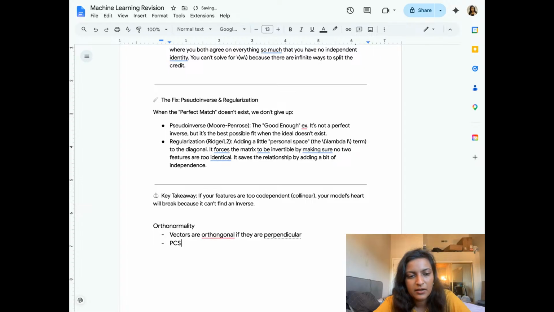PCA components are orthonormal, so there is no redundancy between components. Also, gradient descent behaves better in orthonormal spaces.